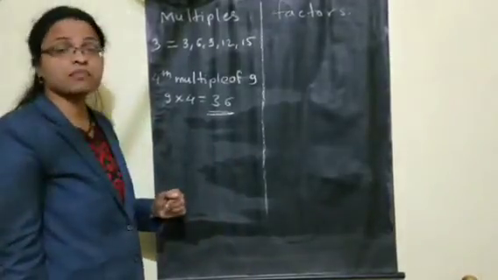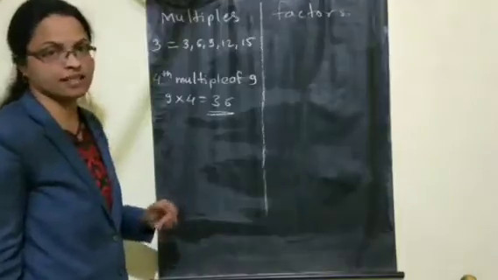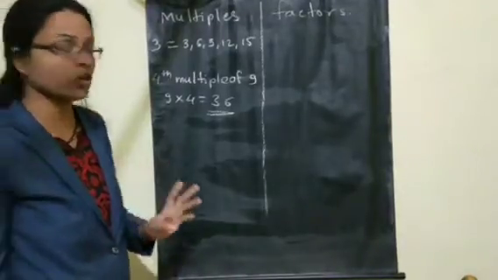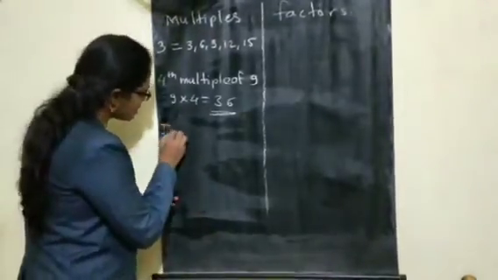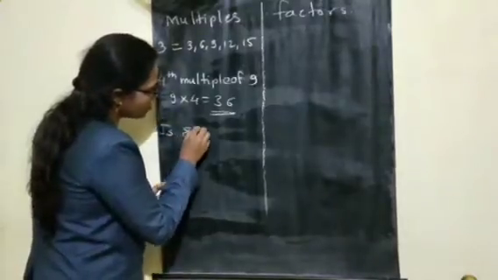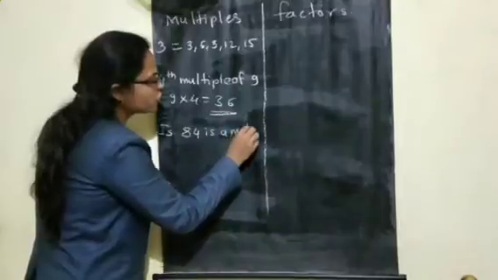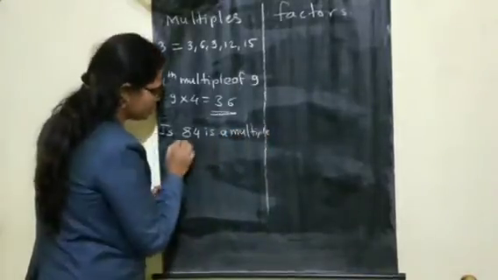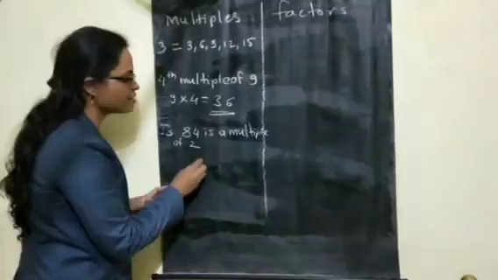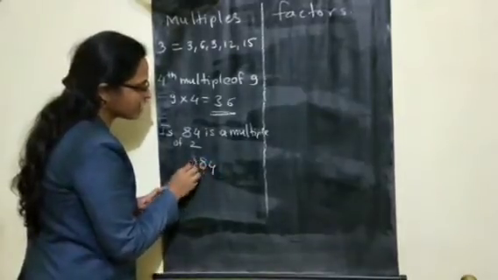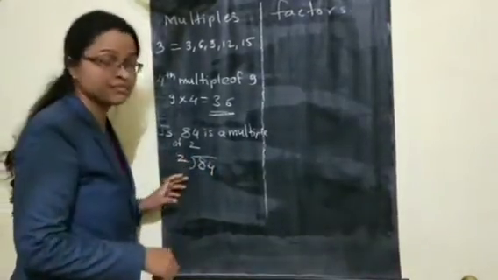Or sometimes the question is "is". "Is" means you have to always divide, I told already. So, is 84 a multiple of 2? If it is, you have to divide and check the answer whether it really is a multiple.